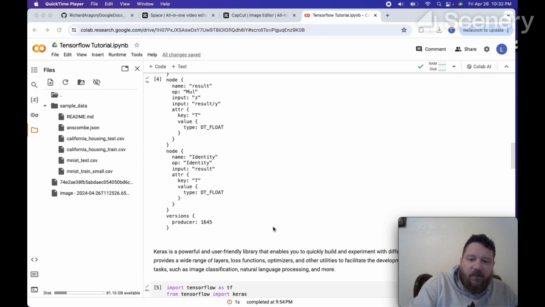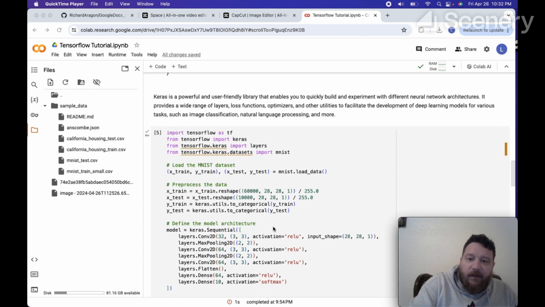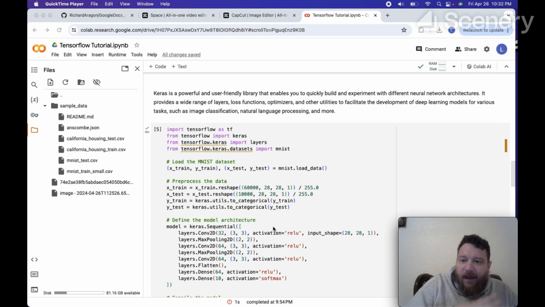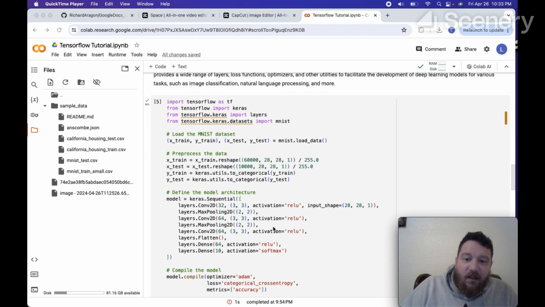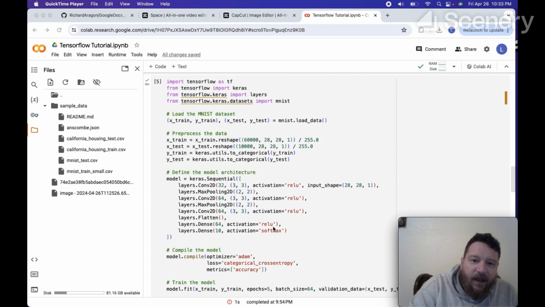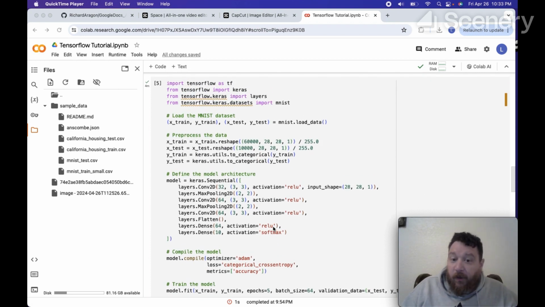Keras is essentially a user-friendly library that enables you to quickly build and experiment with different neural network architectures, and it provides a wide range of layers, loss functions, optimizers, and other utilities to facilitate the development of deep learning models for various tasks, such as image classification, natural language processing, and more.